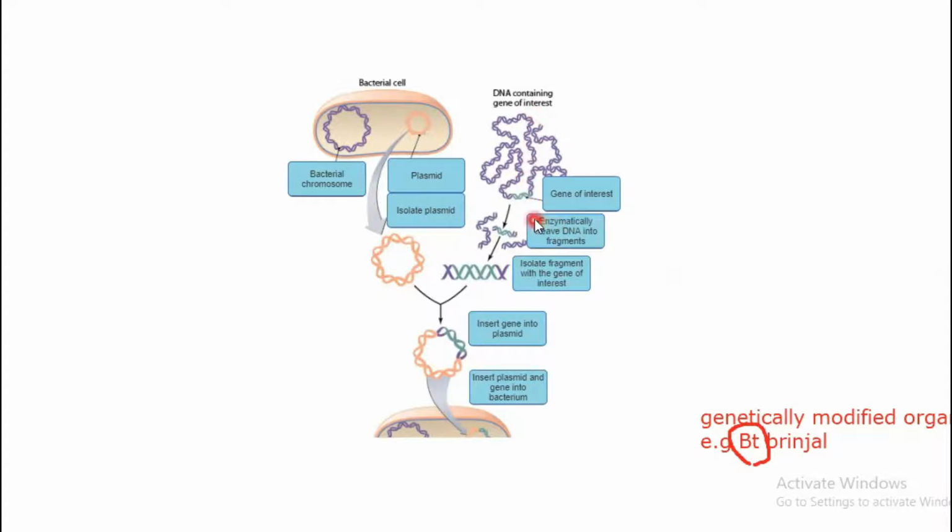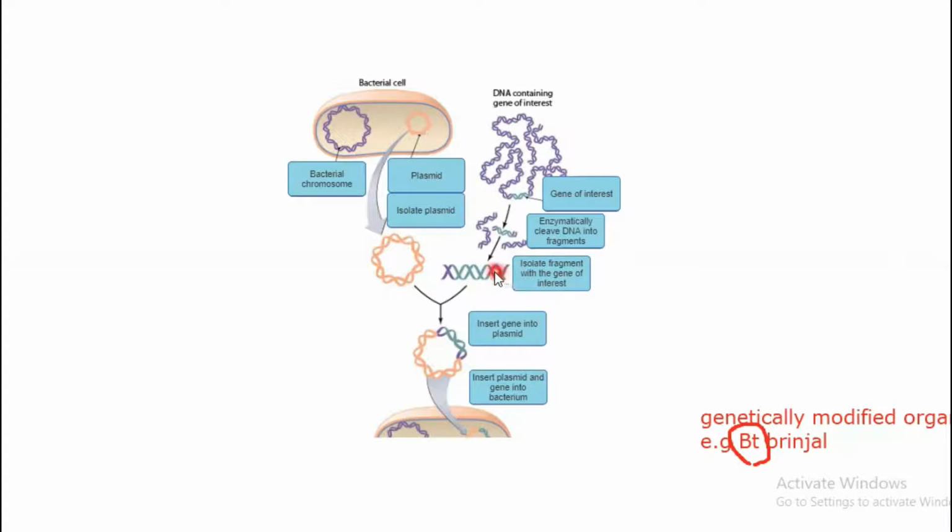That is, enzymatically cleave DNA into fragments. So, these are the isolated fragments. Then, what is the next step? Directly we are unable to inject this isolated desired DNA into a brinjal plant.